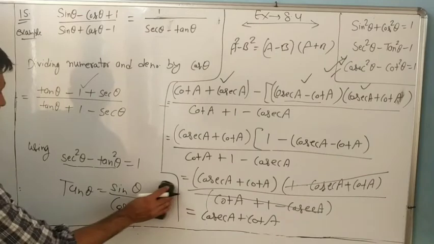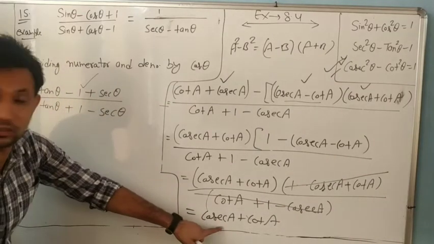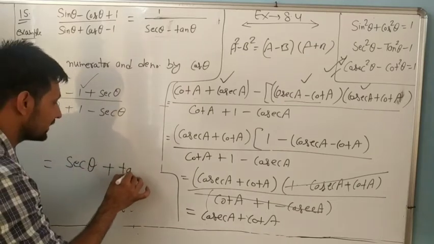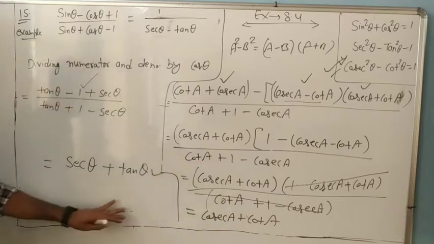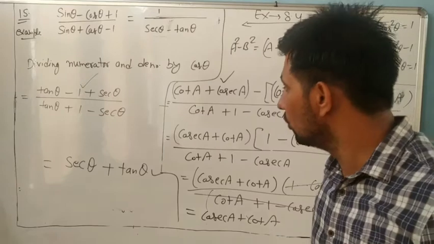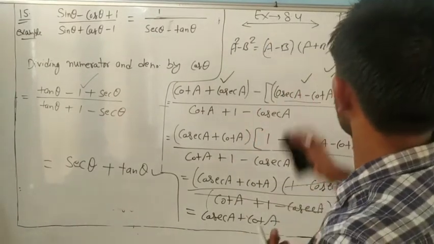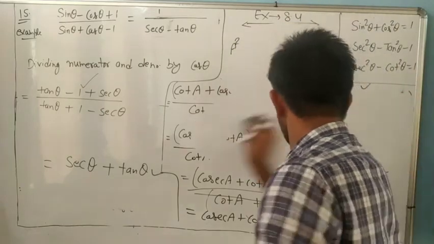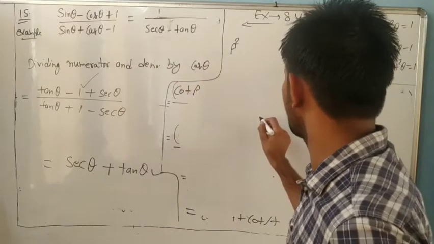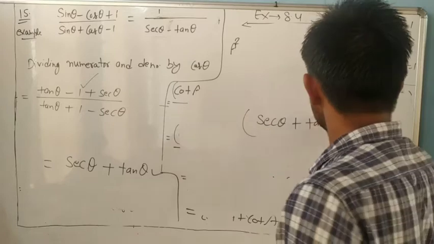Dear, what is the same as it is? It becomes sec theta plus tan theta. But now you will observe, but sir, on the right side it is 1 upon. So what will we do? Nothing. We only have to focus on the right hand side. We need sec minus tan in the denominator. Sec theta plus tan theta, we have already found.